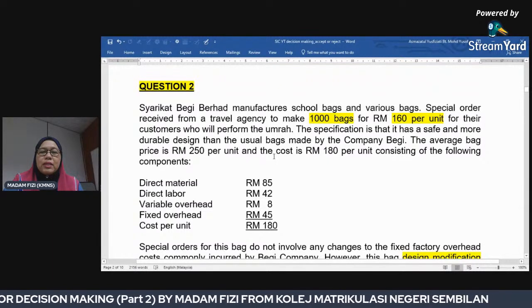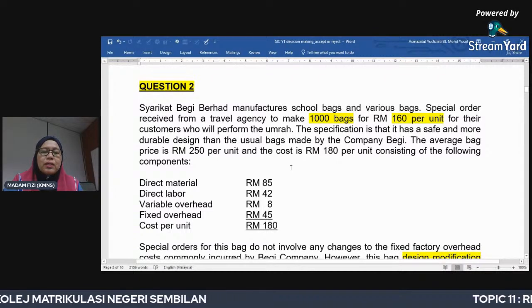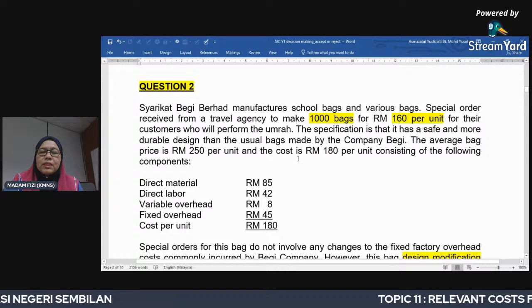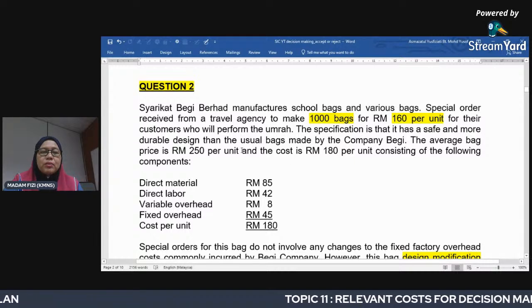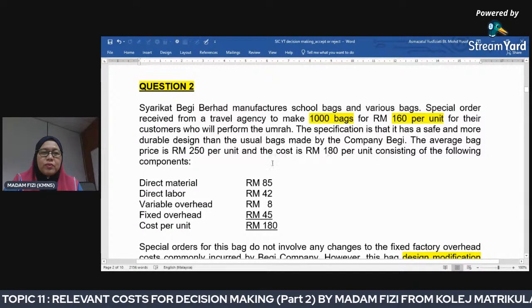So sekarang ni syarikat Begi ni dia buat school bag and various bags. The average bag price is 250 per unit and the cost is 180 per unit consisting of the following components.